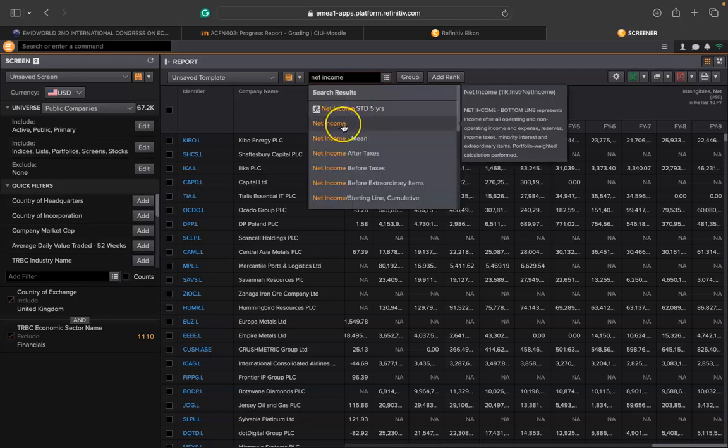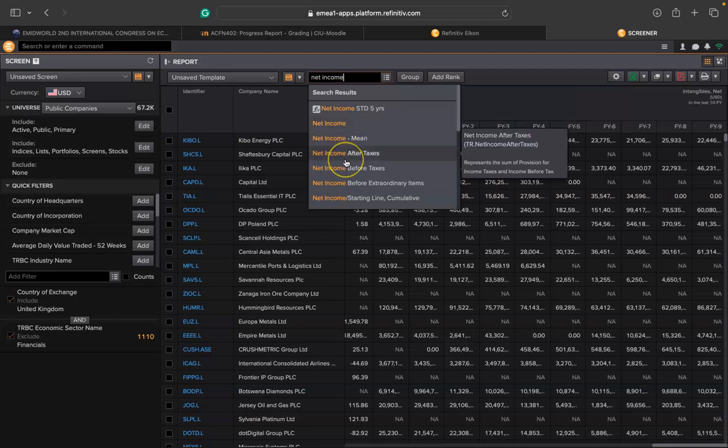Now, the net income, as you can read from here, represents the income after all operating and non-operating income, expense reserves and income taxes, minority interest and extraordinary items. Portfolio calculation is performed. Now, this is after taxes value. This is the mean value. This is the after taxes. Now, net income before taxes is the one we need.